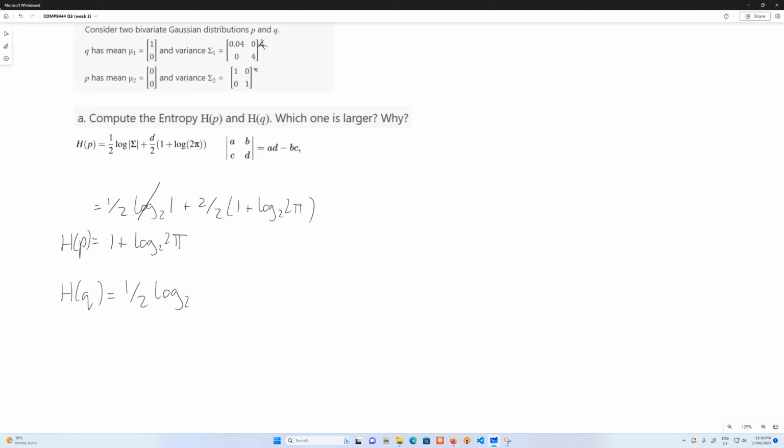So 4 times 0.04 turns out to be 0.16, minus 0. Then we go on to the second term. Q also has two dimensions, so we've got 2 divided by 2, and then that final log term there.